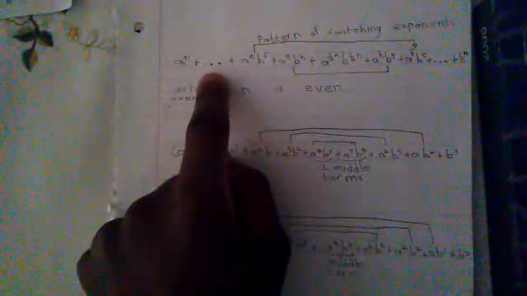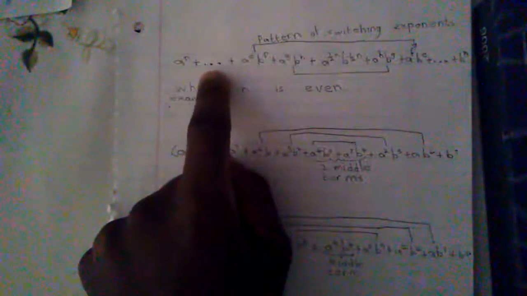When there's an even number, you'll find that it starts with a to the power n, follows on with a continuous pattern of terms, and then plus a to the power e, b to the power f, and then a to the power g, b to the power h, plus. So this is then the middle term, where a and b are powered by an identical half of n, and then a to the power h and b to the power g.